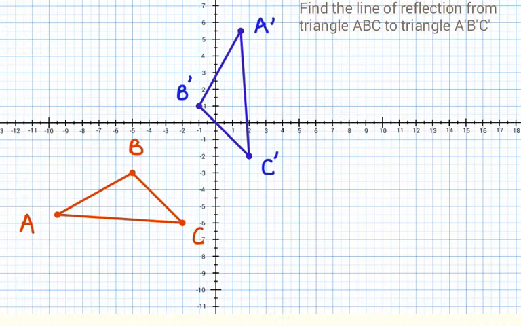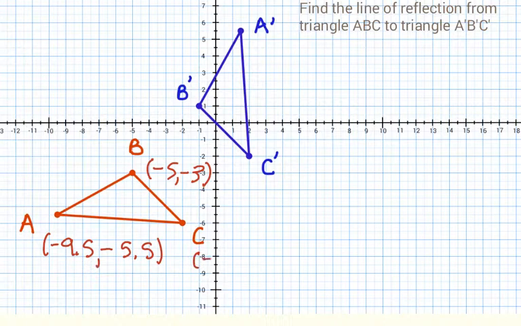So we can see by looking at the graph, A is located at -9.5, -5.5. B is located at -5, -3, and C is located at -2, -6. So now we want to do the same thing for our reflected triangle.